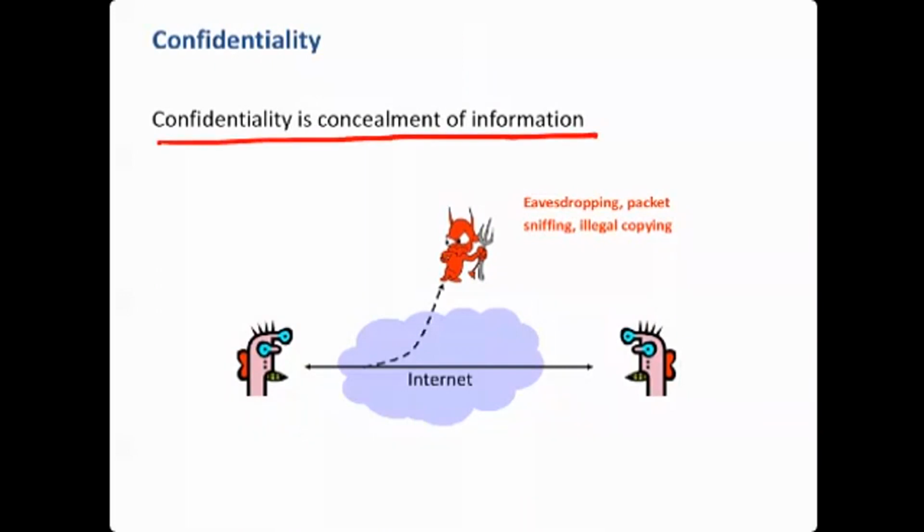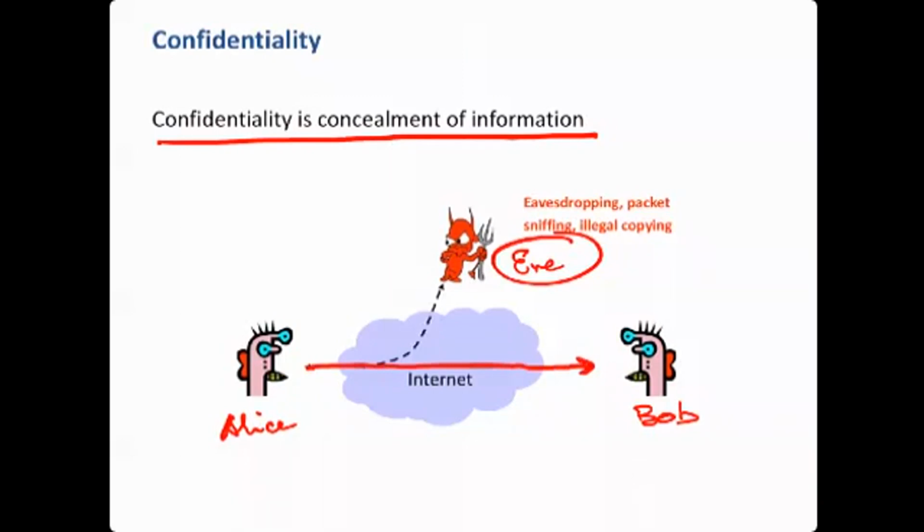Now this is an internet model. Let's assume this is Alice. We'll come to these characters a little later. This is Bob. Alice is sending some email, some communication to Bob, and there is a person called Eve in between. Eve should not be able to see what communication Alice is doing with Bob.